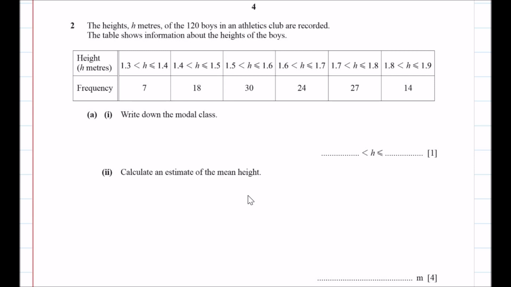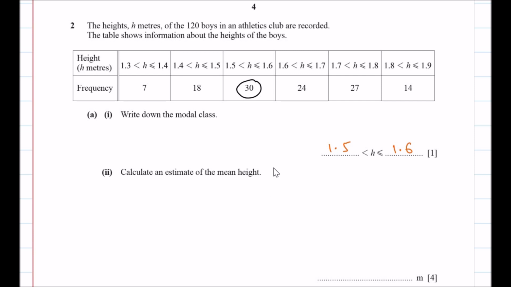As you know, modal class means the class with the highest frequency. What is the highest frequency here? You can see easily, 30. 30 is the highest frequency. So what is the class for that? It will be 1.5 to 1.6. So we'll be writing the answer as 1.5 and 1.6. So this is our answer for this.